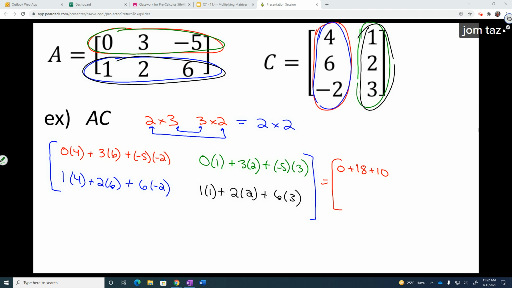Next one, we add these up. 0 times 1 is 0, plus 2 times 3 is 6, plus negative 15. Done on blue. 1 times 4 is 4. 2 times 6 is 12. 6 and negative 2 is negative 12. And last, 1 times 1 is 1. 2 times 2 is 4. 6 times 3 is 18.